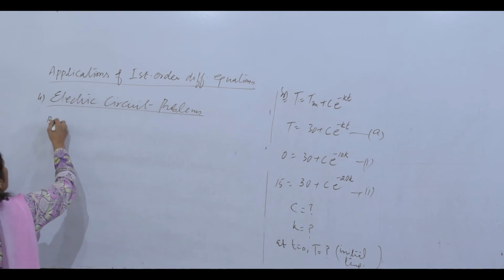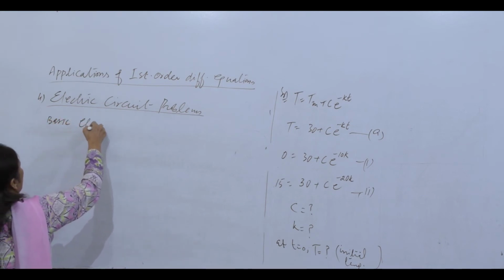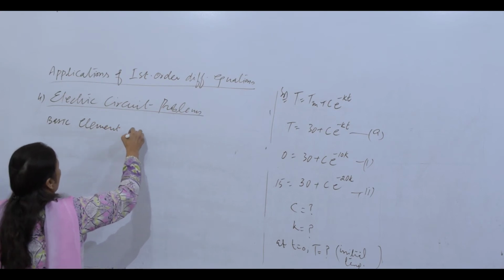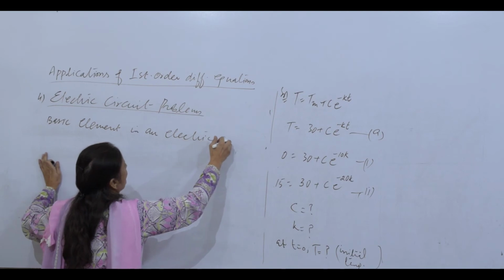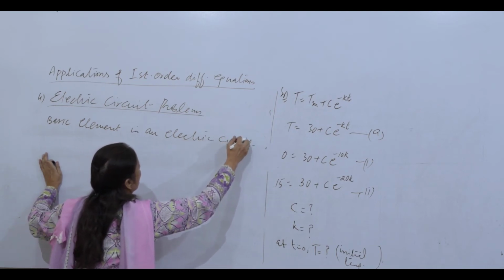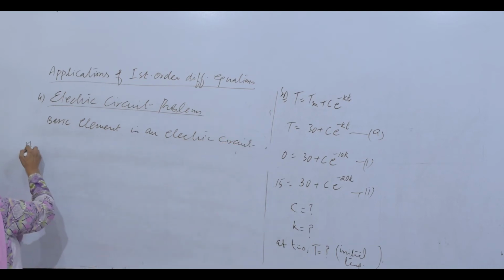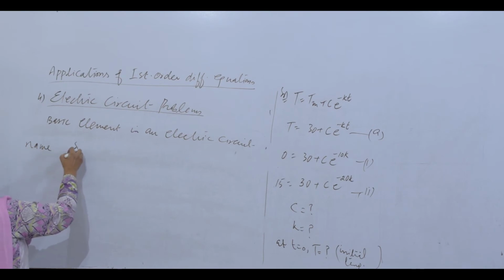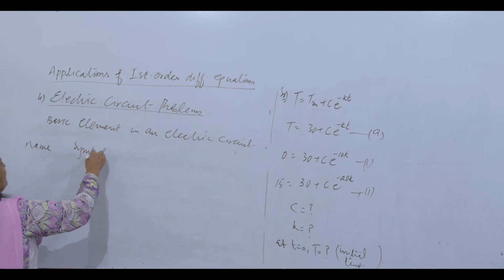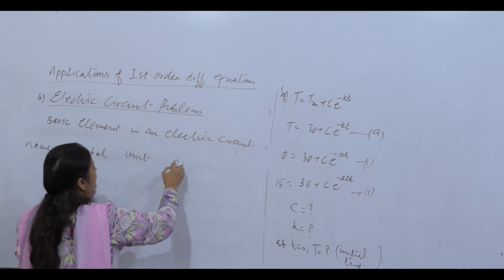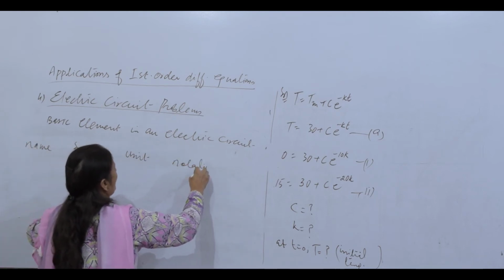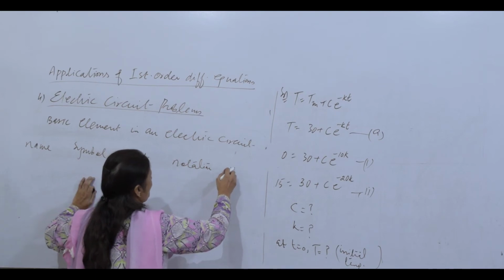Write down the basic elements in an electric circuit: name, symbol, unit, notation, and voltage drop.